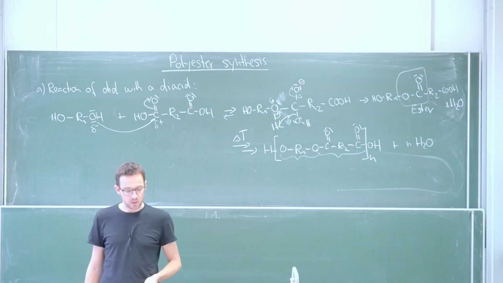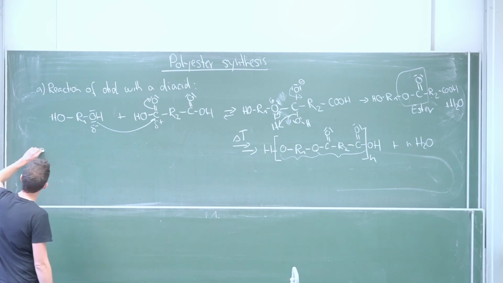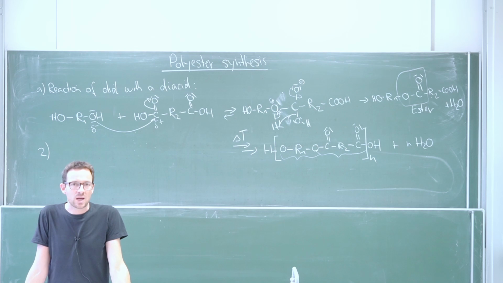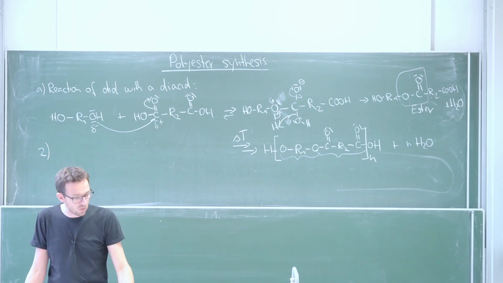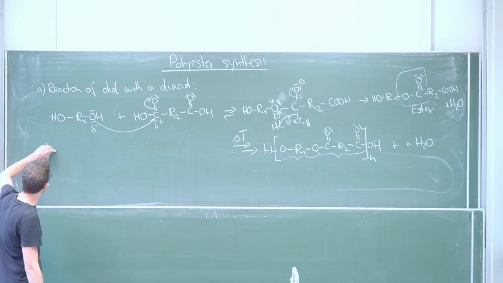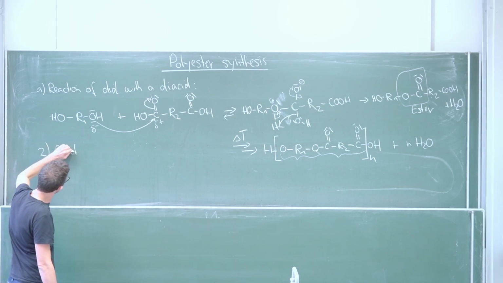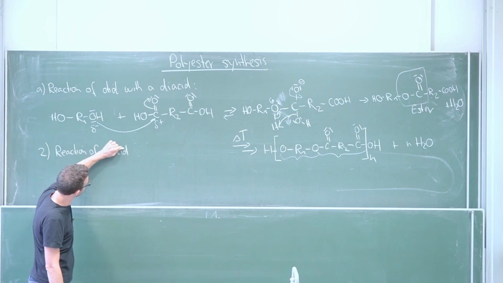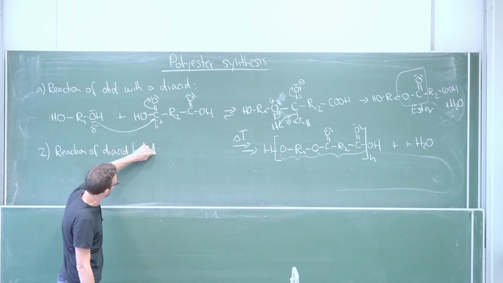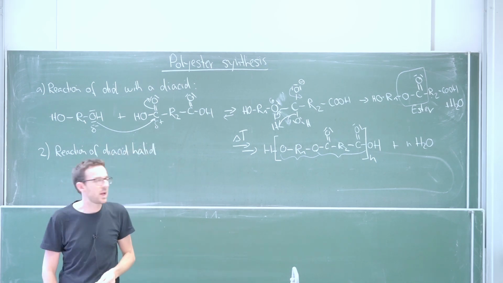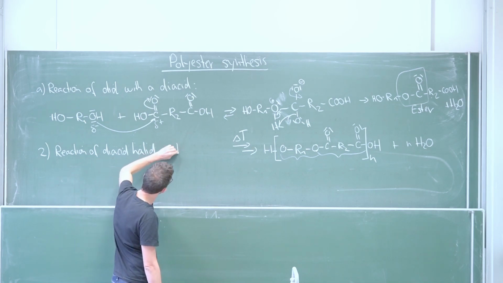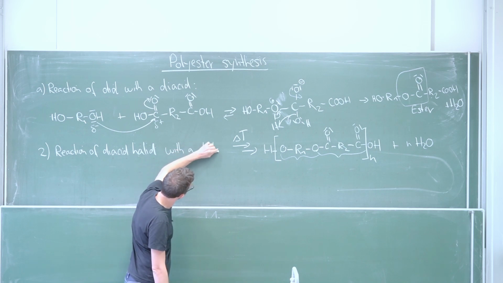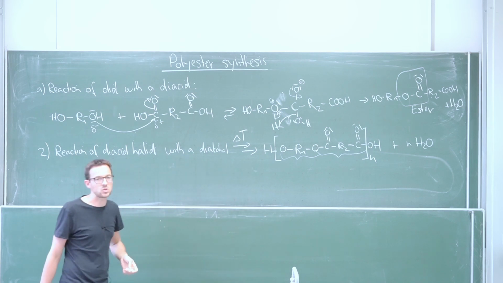Now we can make our life a bit easier. If we don't want to use high temperatures, we can use a different starting material that reacts a bit easier with alcohols, and that is the reaction of a diacid halide with a dialcohol. And in this case, the reaction looks very similar.